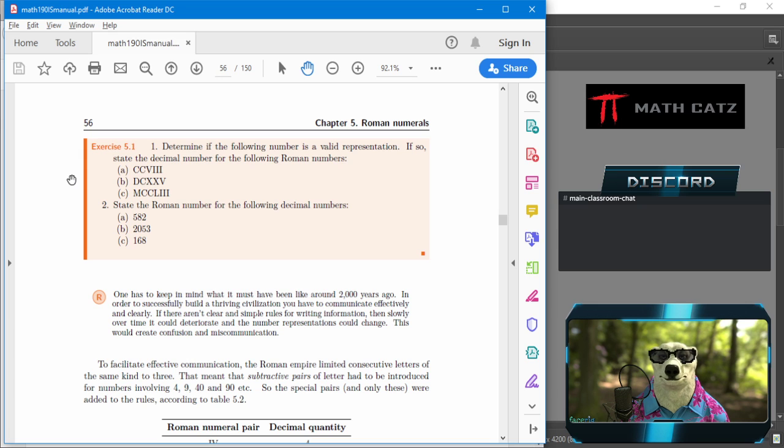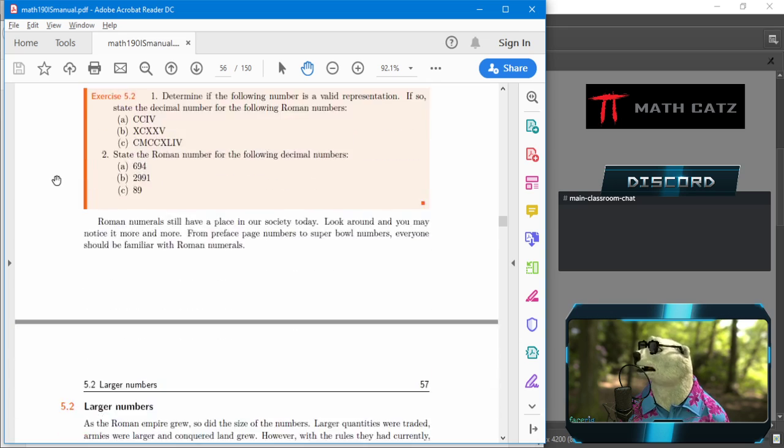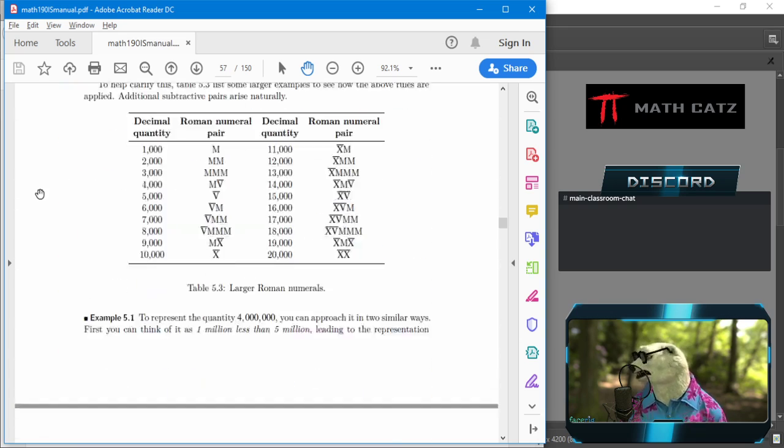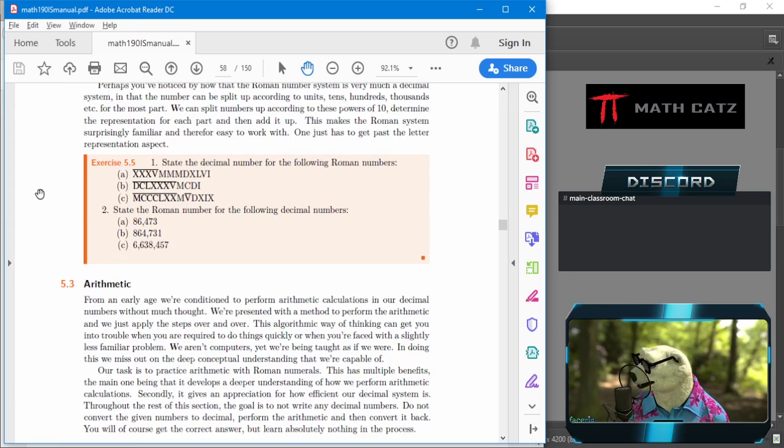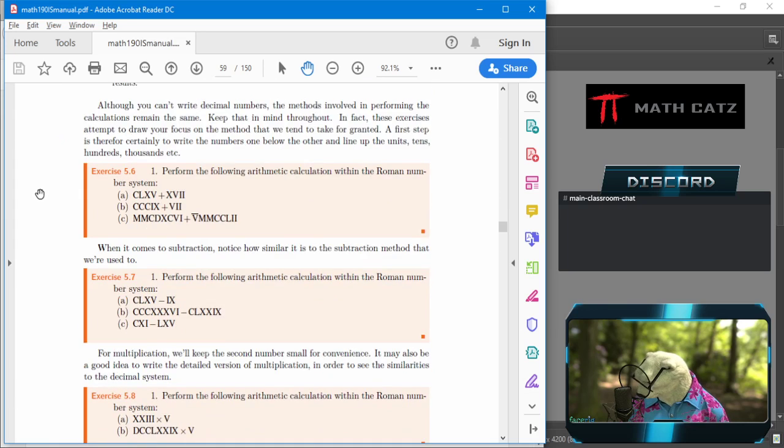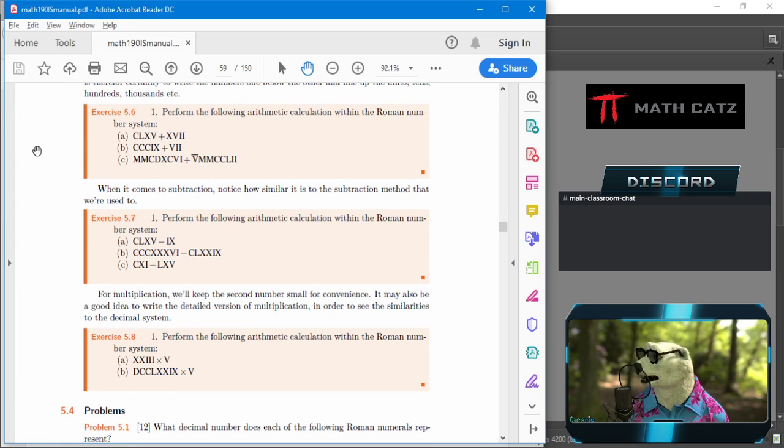So that's the two conversions, the first one. And then the other one is the arithmetic. Where is that? Oh, here it is, later on. So there will be one page in the quiz dedicated to Roman number conversion, both ways. And then there'll also be another page dedicated to arithmetic.